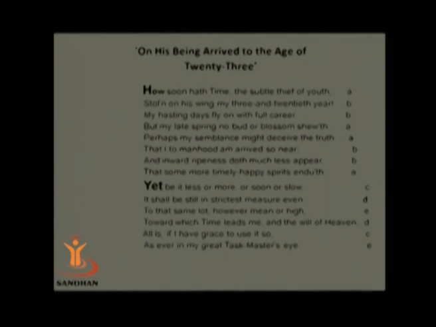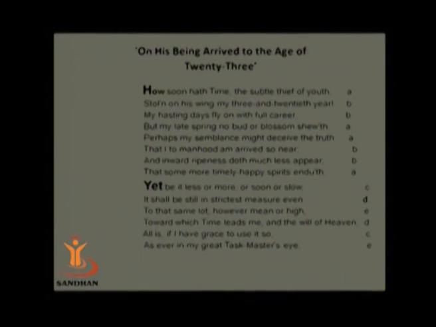Coming to the last 3 lines, towards which time leads me, and the will of heaven, heaven, even. Okay, so you find a rhyming there. All is, if I have grace to use it so, slow. So when we say slow and slow, they are rhyming words, they rhyme with each other, and so you find that there is a different pattern that is used over here.